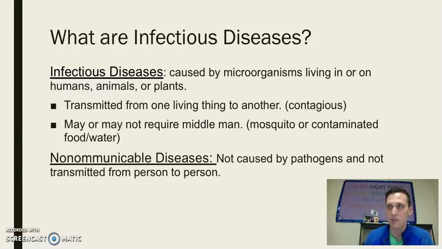That's not transmitted from one person to another. It's not contagious. It's a disease that's brought on by many other factors, maybe lifestyle factors, genetics, and such. So infectious diseases, the first topic we're going to cover, are contagious, transmitted from one person to another, caused by microorganisms or pathogens.